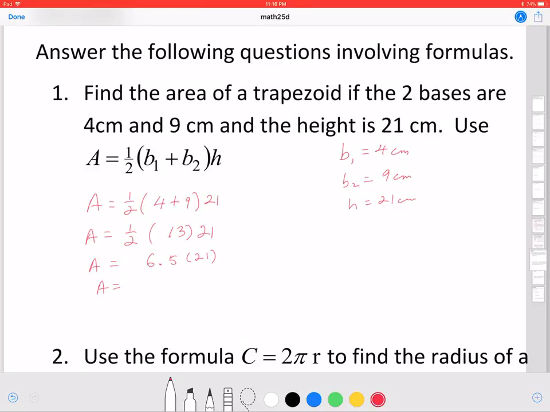So 6.5 times 21 should be 136.5. And be careful when you are dealing with geometric problems, you always put units. Here all the lengths are given as centimeters, so the area should be centimeters squared. All right, so that should be the answer for this problem.